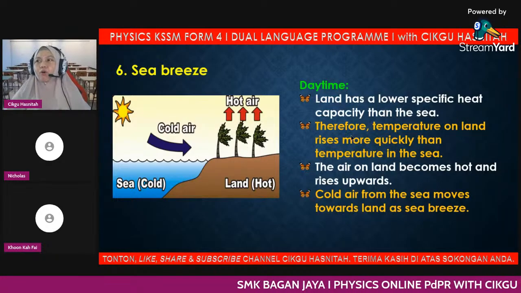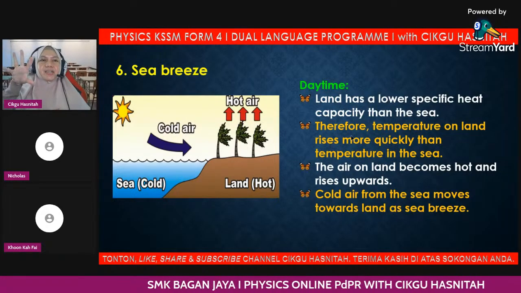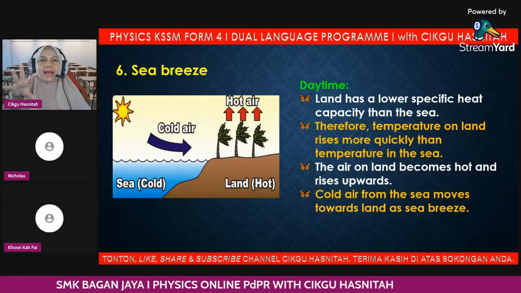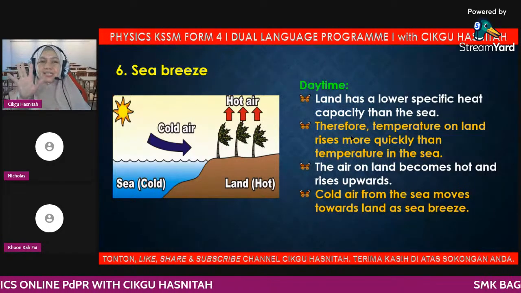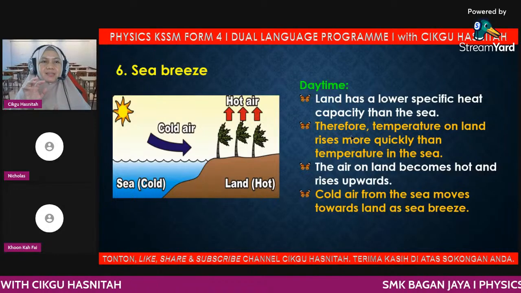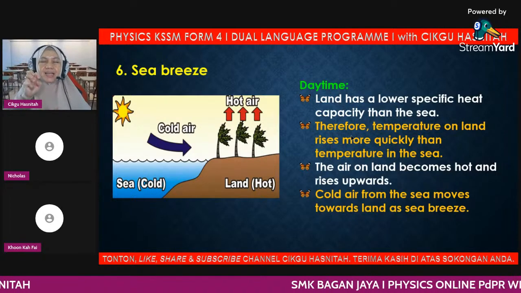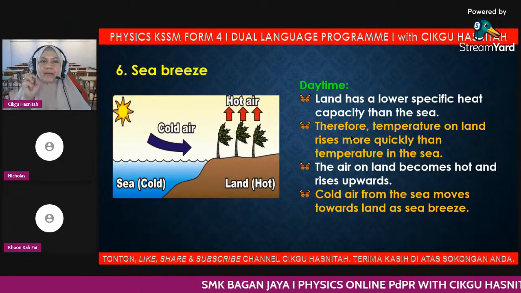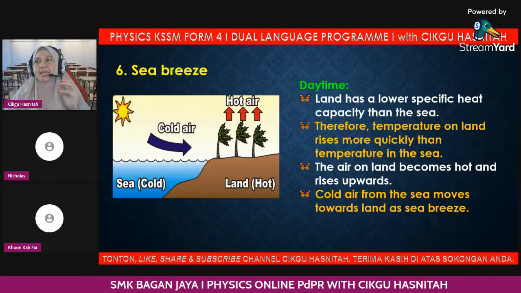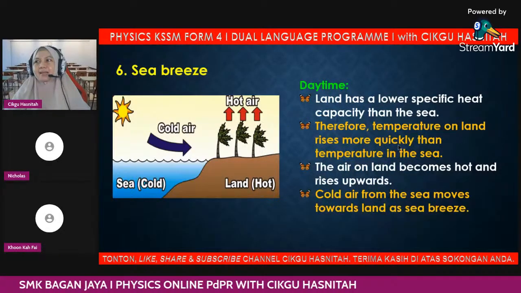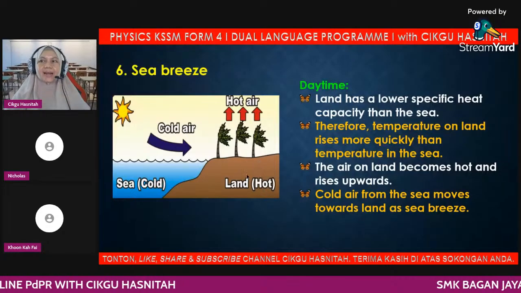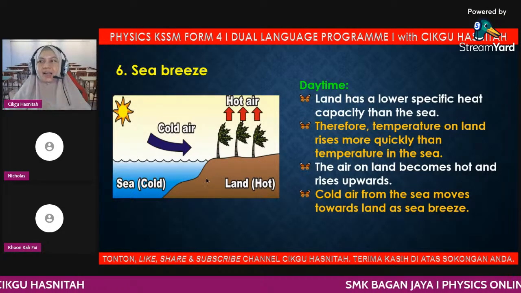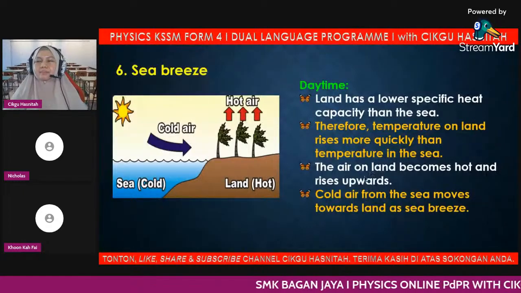Therefore, the temperature on the land rises quickly, because remember, a substance with a low specific heat capacity absorbs heat very fast. So the temperature rises very fast. It means at daytime, the land becomes hot quickly compared to the sea. Darat lebih panas berbanding dengan laut. Then number 3.